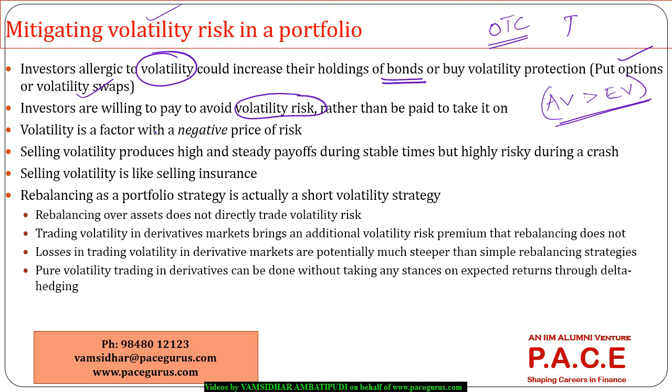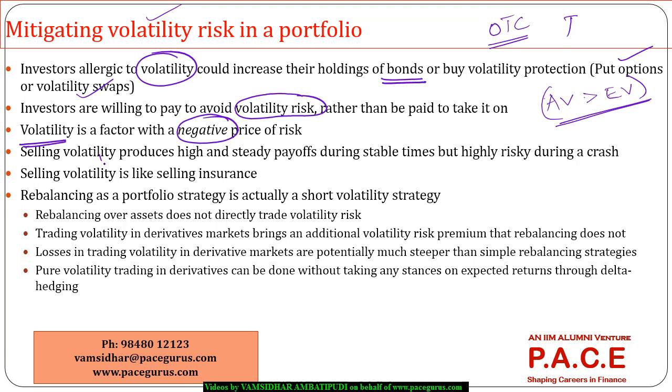Whenever the price of the stock is falling, the put option comes into the picture and protects them against the falling price, because volatility impacts the price negatively. Most of the time it results in a fall in price, which also means the returns are going to be negative when the volatility is higher.